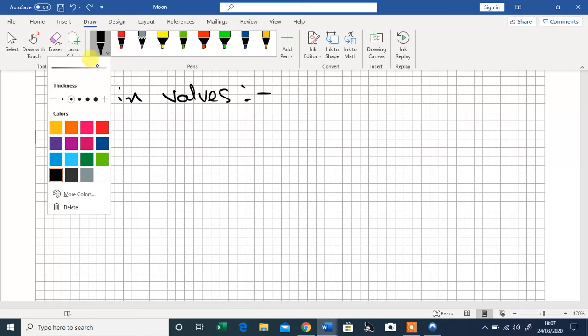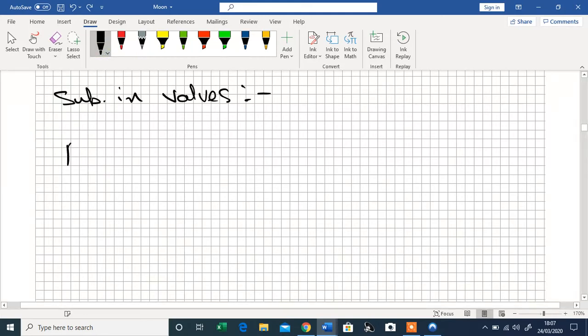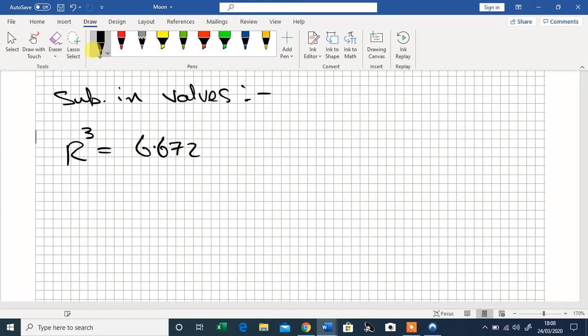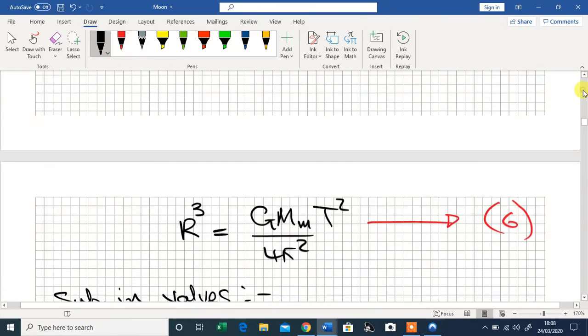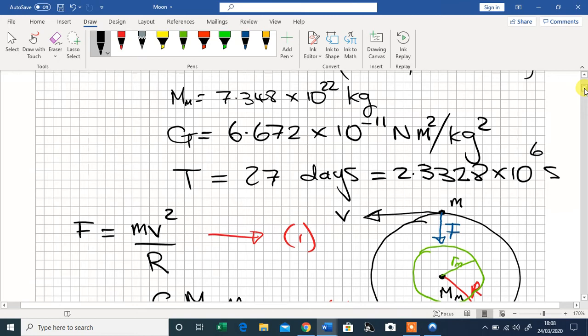So r cubed is equal to 6.672 times 10 to the minus 11 times 7.348, did I say 348? I have to have a look again. I should have these figures written down.